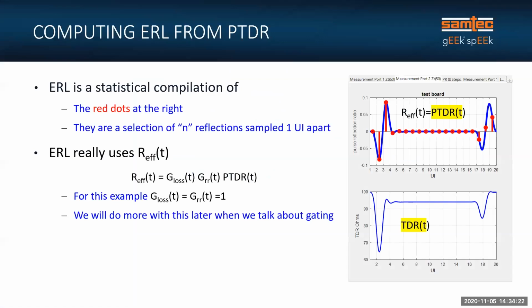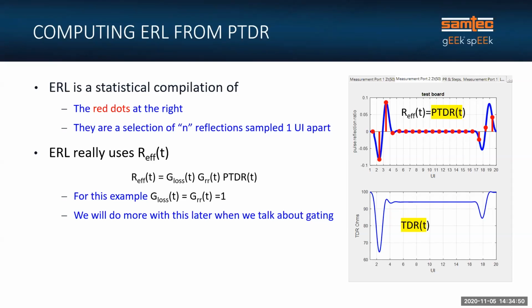I think we talked a little bit about this in some of the earlier presentations. We talked about pulse convolution and noise and sampling. Your simulations normally have many samples per UI, while a device only has one. So ERL is a statistical compilation of the red dots.